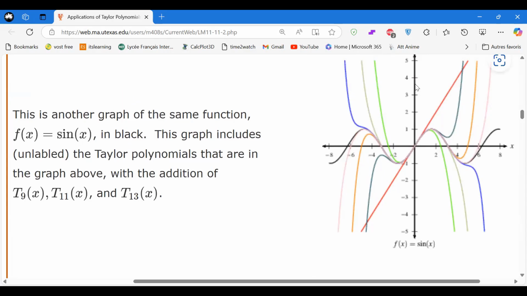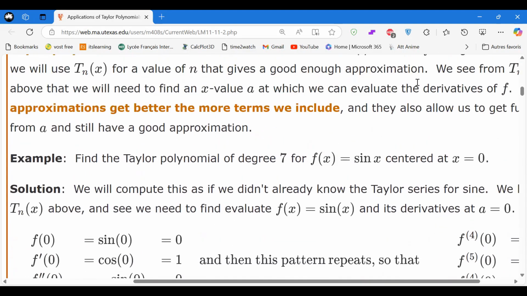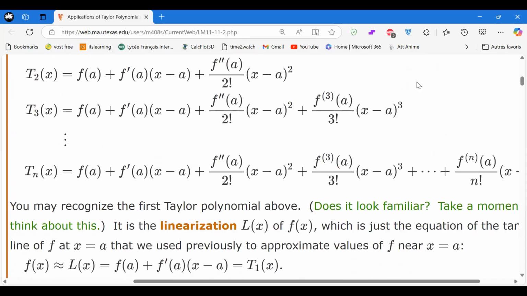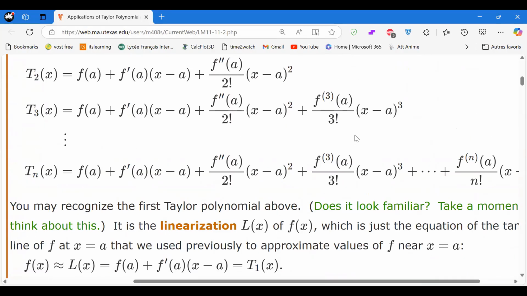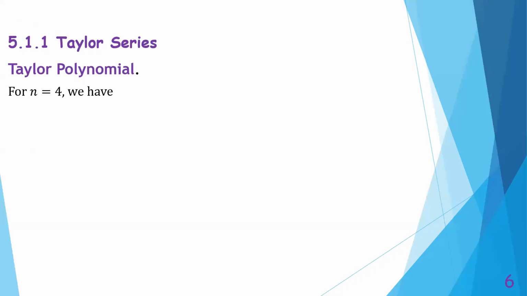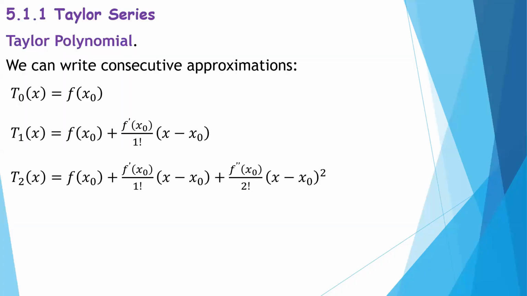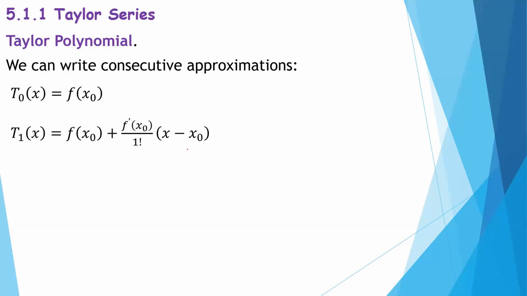Here, let's just say that the concept of Taylor polynomial is an extension of the concept of linearization. If we take the Taylor polynomial of degree 1, we can see that f of x is f of x0 plus f prime of x0 times (x minus x0).